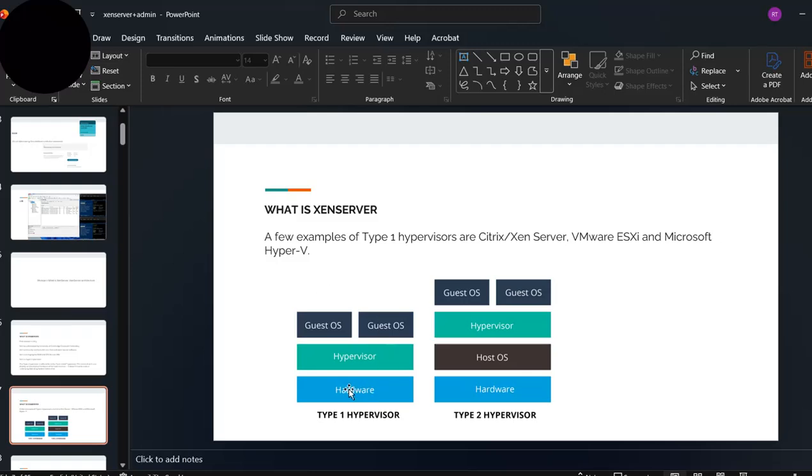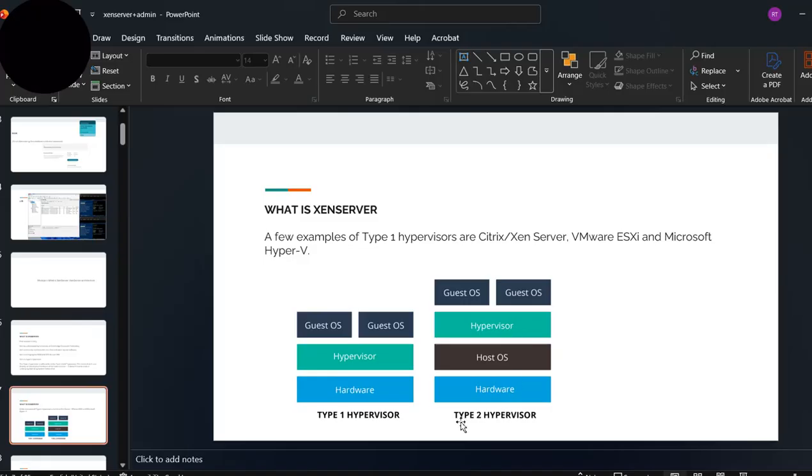Bare metal hypervisor means you install the hypervisor directly on the physical hardware. This is a type 1 hypervisor, and guest OSs are installed on this hypervisor. So the hypervisor runs these guest OSs.